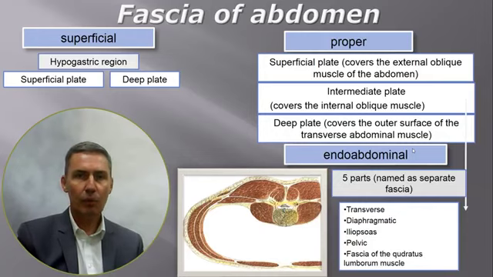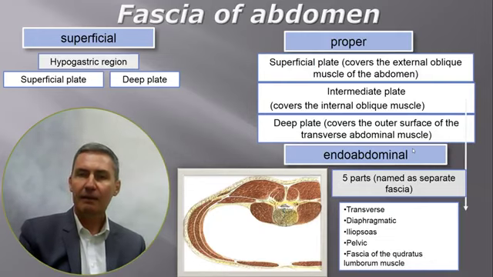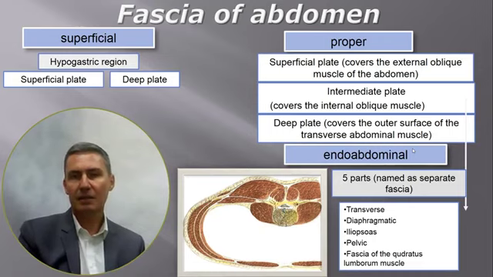Diaphragmatic fascia, where it covers the diaphragm. Iliopsoas or psoatic fascia, where it covers the iliopsoas muscle. Endopelvic or pelvic fascia in the pelvis. Then the fascia of the quadratus lumborum muscle, also known as the fascia quadrata.